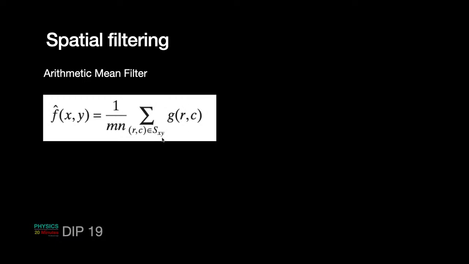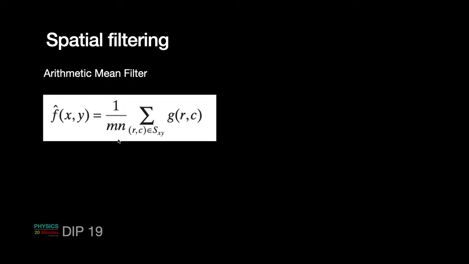It is this neighborhood which determines the size of the filter. The neighborhood could be 3 by 3, 5 by 5, 7 by 7, 11 by 11. Remember, we have discussed that mostly we keep the sizes in odd multiples.